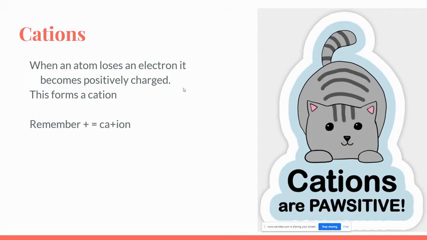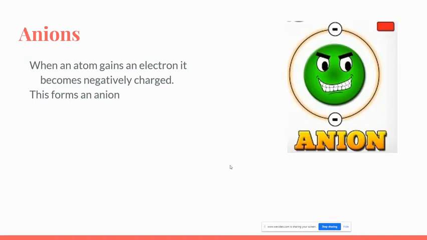So now it has 3 positive charges, but only 2 negative charges. So it's going to have a positive 1 charge associated with it. We call that a cation. So if you think about the T in the center of the word cation, think of that as a positive symbol. And then remember that cations are positive. They have paws like cats do. So that's an easy way to remember that.